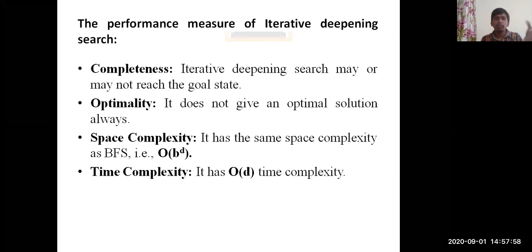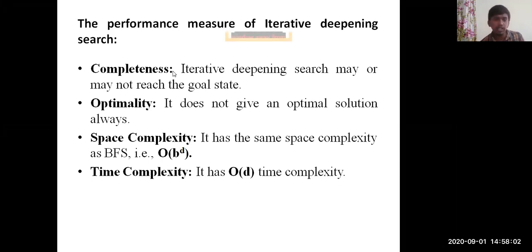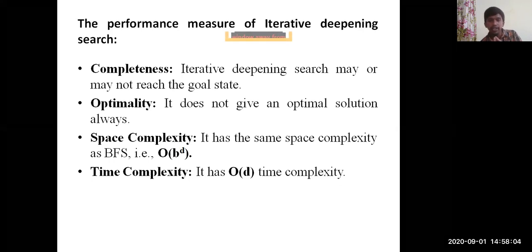These are the performance measures of iterative deepening search. It has completeness because a goal will definitely be reached. Sometimes it may not reach the goal if the tree is larger, so it is only preferred for smaller trees. The space complexity is similar to BFS, that is O(b^d), where b indicates branches and d indicates depth.